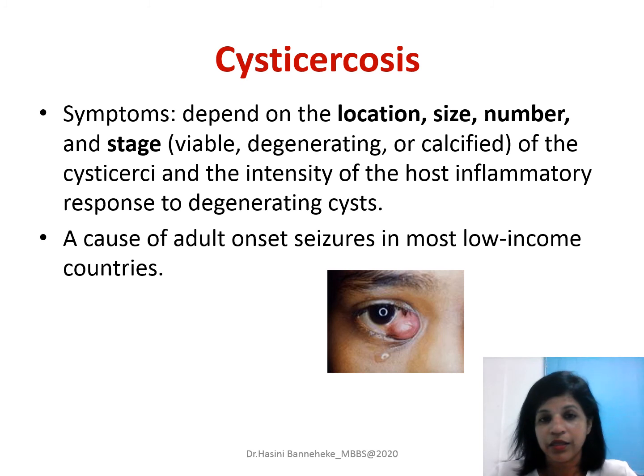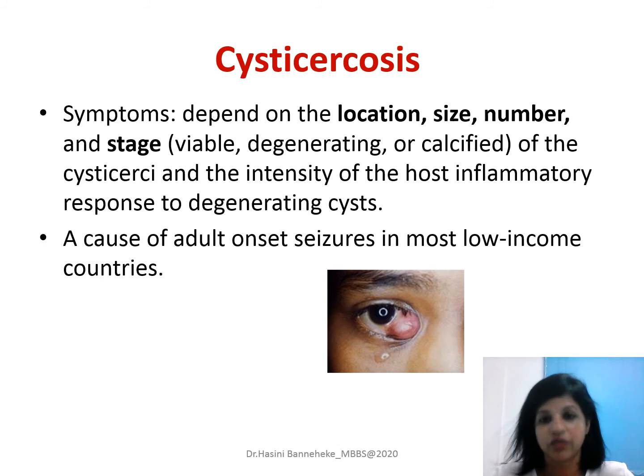So basically, with cysticercosis infection, the symptoms vary depending on the location, whether they are in the skin or cutaneous tissue, heart, or in the brain. Based on the location, the symptoms may differ.